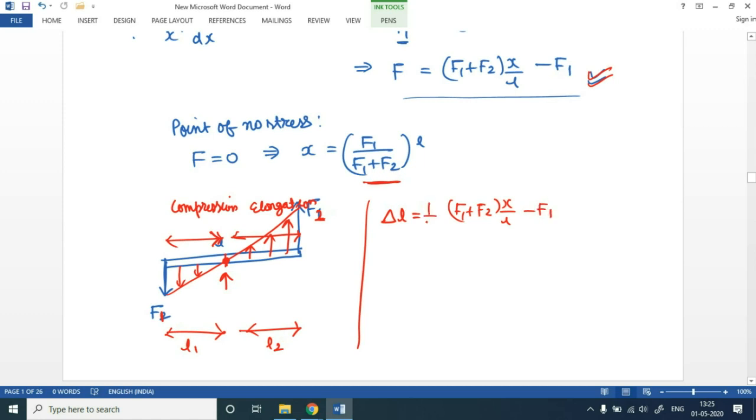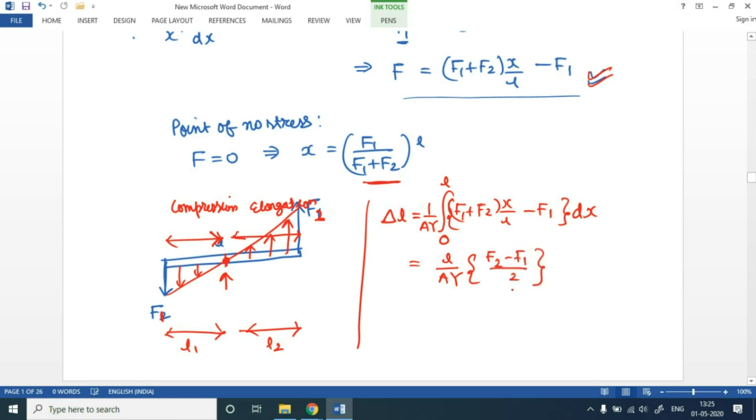So let's take 1 by ay outside the integration sign, and this term dx we should integrate from 0 to L, and what you will be getting simply is L by ay into f2 minus f1 by 2 over here.